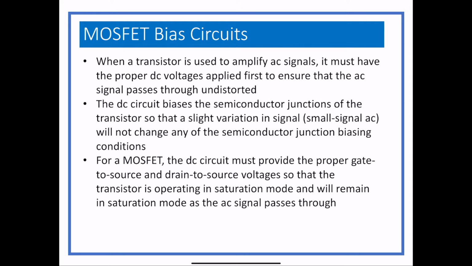So it has to stay in saturation mode. The same goes for the drain-to-source voltage. There has to be enough DC voltage there, because that's where the output is most often, not always, but most often. And we don't want the transistor to go into a mode that we don't like.